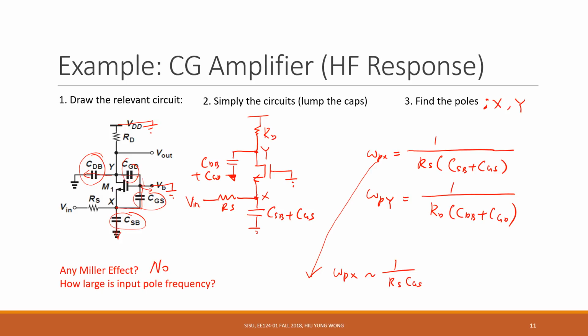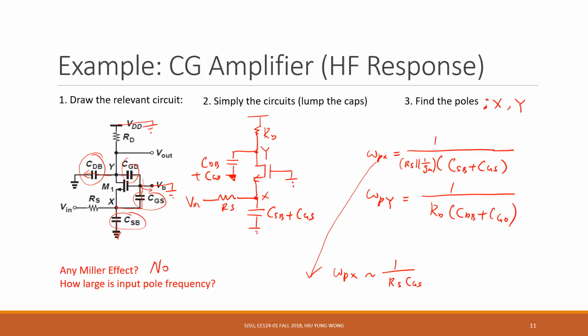What is the resistor at node X? I say it is Rs. Is it right? Actually, I'm wrong, right? Because it is Rs parallel to what you looked up. And what you looked up is what? Gm. So sorry for that. It should be Rs parallel with 1 over Gm.